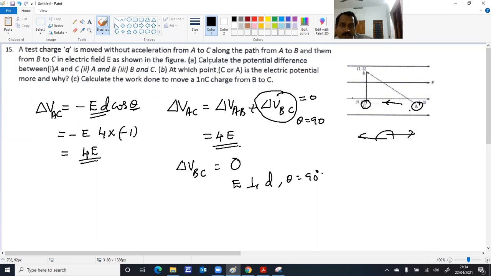Which is at higher potential, C or A? Just now we learned one concept: electric field is in the direction of lower potential. So it moves from higher to lower potential, right? So which point is at higher potential, C or A?